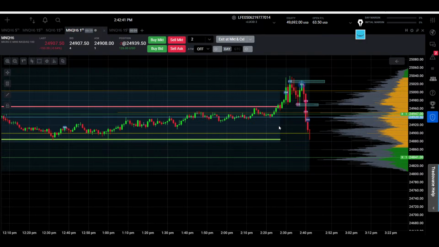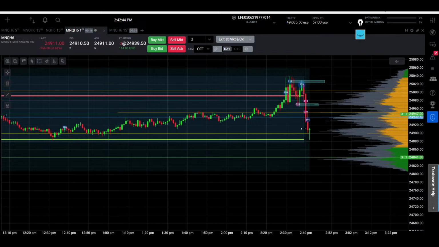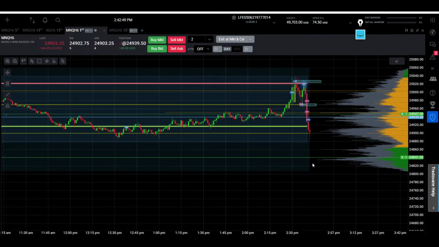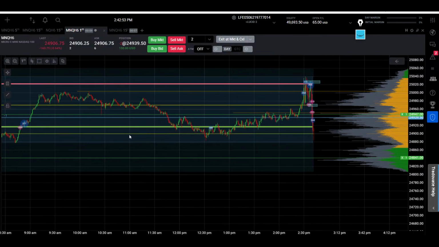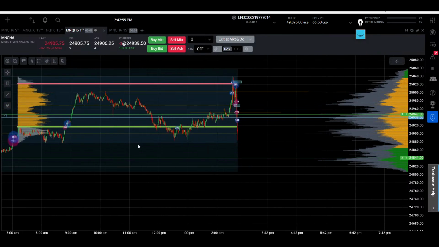And this volume profile, you see where it wanted to stop. So what is this line? What is this line? Let me see what's going on here.